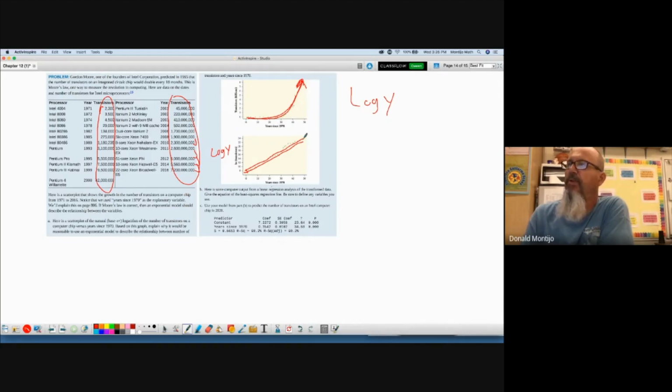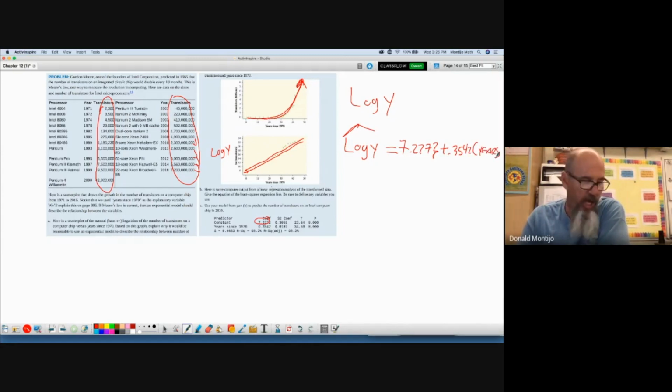Part B, here is some computer output from a linear regression analysis of the transformed data. Give the equation of the least squares line. Be sure to define any variables that you use. So the log of y hat, or the log of the transistors, is equal to 7.2272 plus 0.3542 times years, or x.